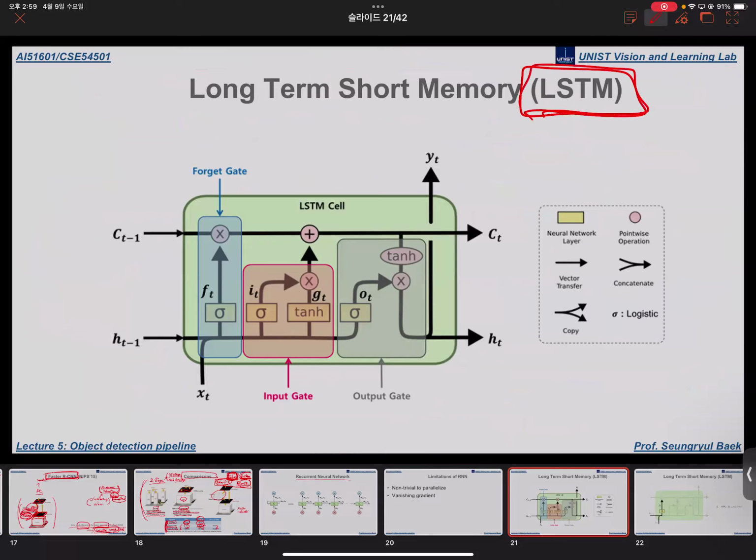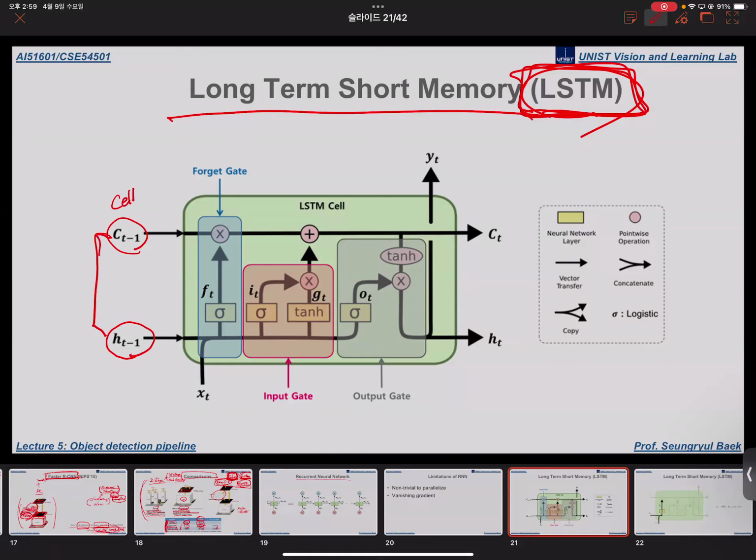LSTM, whose name is long short-term memory, is the improved version of the RNN. It tackles the vanishing gradient phenomenon of the RNN, and it indeed works. So nowadays people are using LSTM instead of the RNN. It has several inputs and outputs, and there are two important things here.